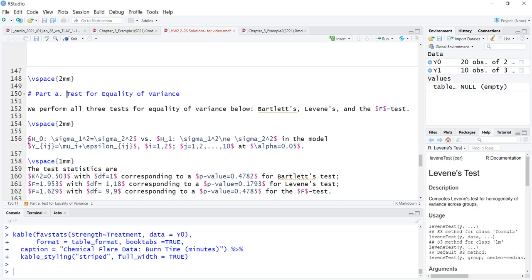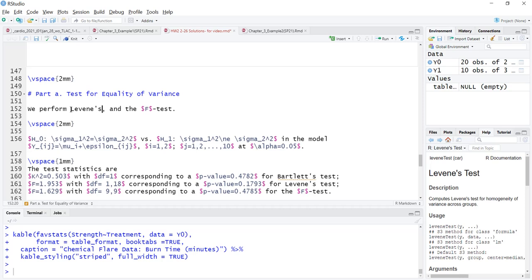And then we perform, I'm only going to do one of these. I'm going to choose Levene's because it's the most robust against mild departures from normality.